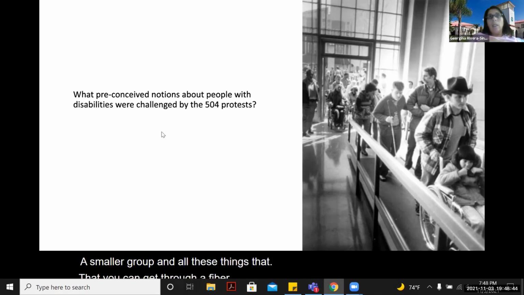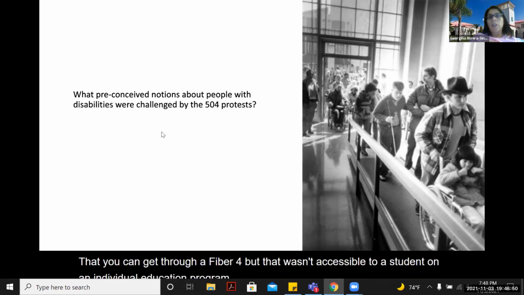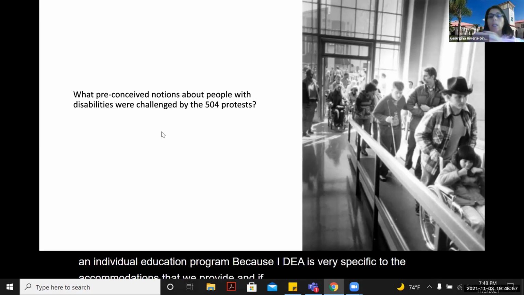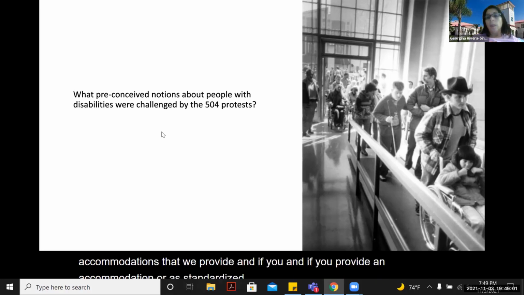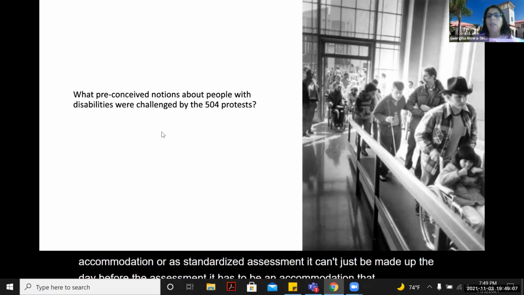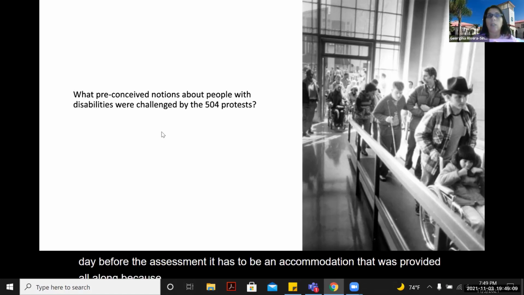But that wasn't accessible to a student on an individual education program because IDEA is very specific to the accommodations that we provide. If you provide an accommodation for a standardized assessment, it can't just be made up the day before the assessment. It has to be an accommodation that was provided all along, because the student needs that to be able to learn.